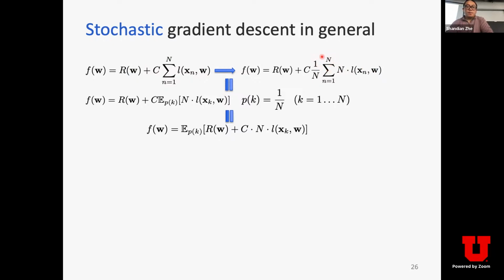And then, based on this new form, we can rewrite the whole loss, the whole objective function f of w, as an expectation.